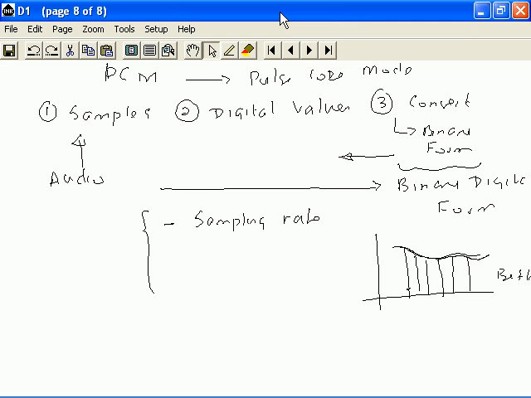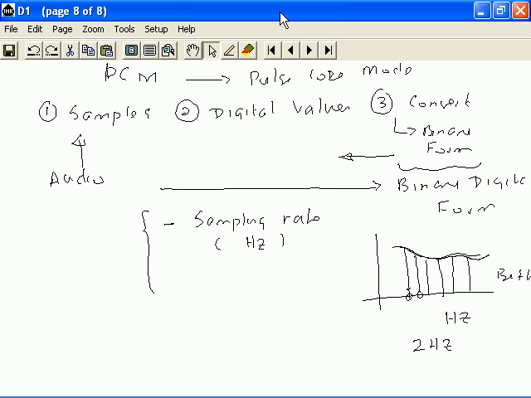This sampling rate is usually measured in hertz, in frequencies. For example, if we say the sampling rate is 2 hertz, then we mean 2 cycles per second. That means we are taking 2 samples every second. So sampling rate is measured in hertz.